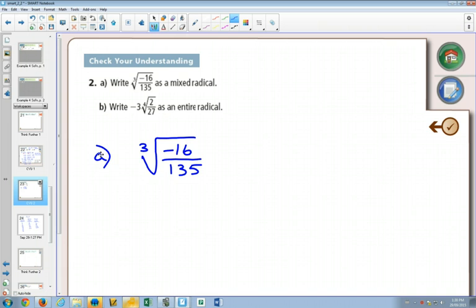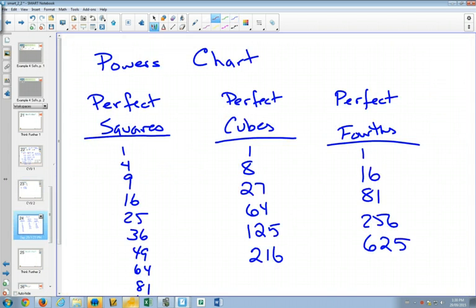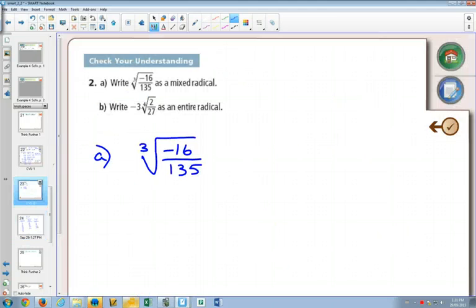Because it's a cube root, we would be looking to our perfect cubes. Do any of these numbers divide 16? Do any of those numbers divide 135?